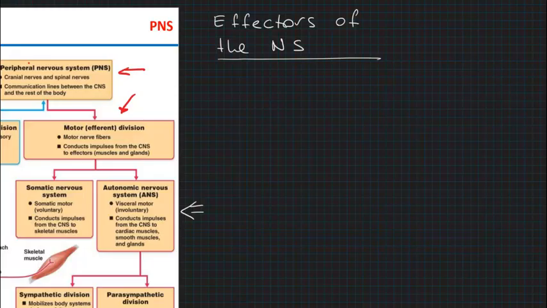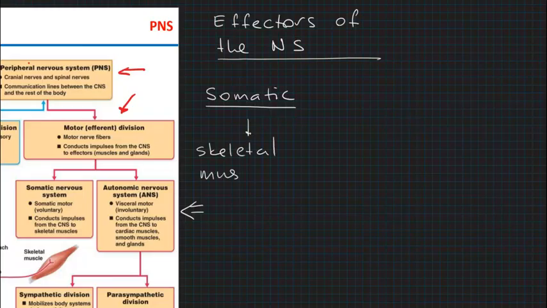So, in the somatic branch, the effectors are skeletal muscles.